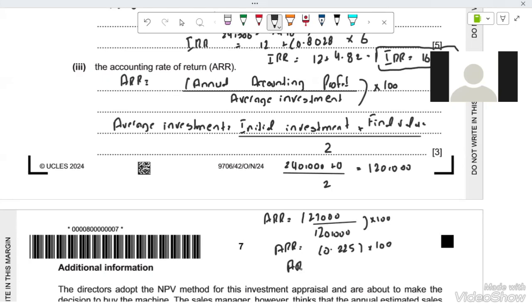So at the end, ARR is equal to 22.5%. If ARR is greater than the required return, the project is acceptable. If ARR is lower than the required return, the project is not viable. Let us compare this with the cost of capital, which is 12%. Since 22.5% is greater than 12%, the project is financially attractive.